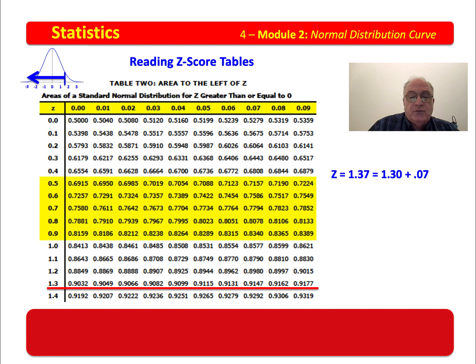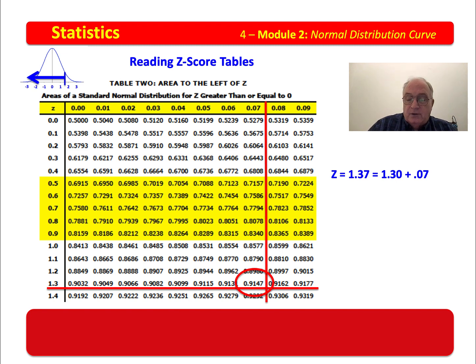Let's see what that looks like. Here's 1.3, and here's 0.07. So the area underneath the curve to the left of a z-score of 1.37 is 0.9147, or in other words, 91.47% of the data lie to the left of z equals 1.37.